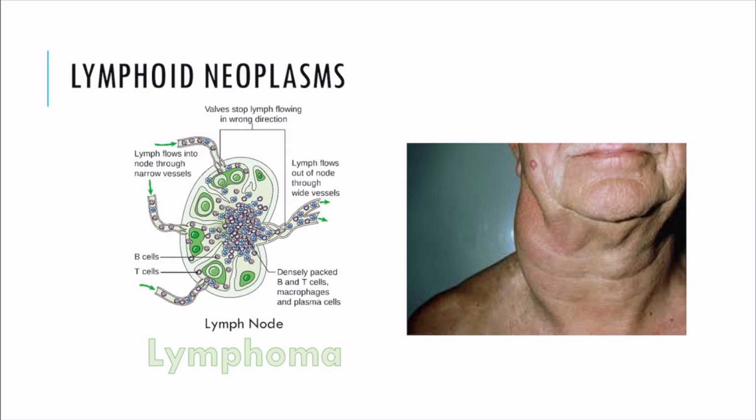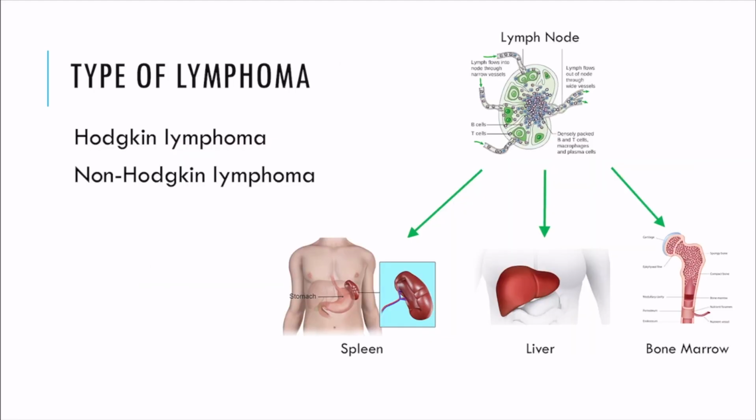So lymphomas start in the lymph nodes, but can then spread to other places in the body, like the spleen, the liver, bone marrow, and then in really advanced disease onto even other organs. So this is where I mentioned it can get a little confusing, because you can have abnormalities in the bone marrow with lymphoma, and it comes down to where it starts.